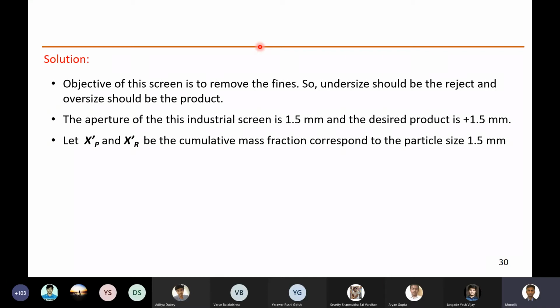Let's be more precise. xp dash, the way I defined xp dash, is the cumulative mass fraction corresponding to the particle size 1.5 millimeter. Now our product size is whatever product is having a size more than 1.5 millimeter. Now, will this xp dash represent the mass fraction of our desired product?